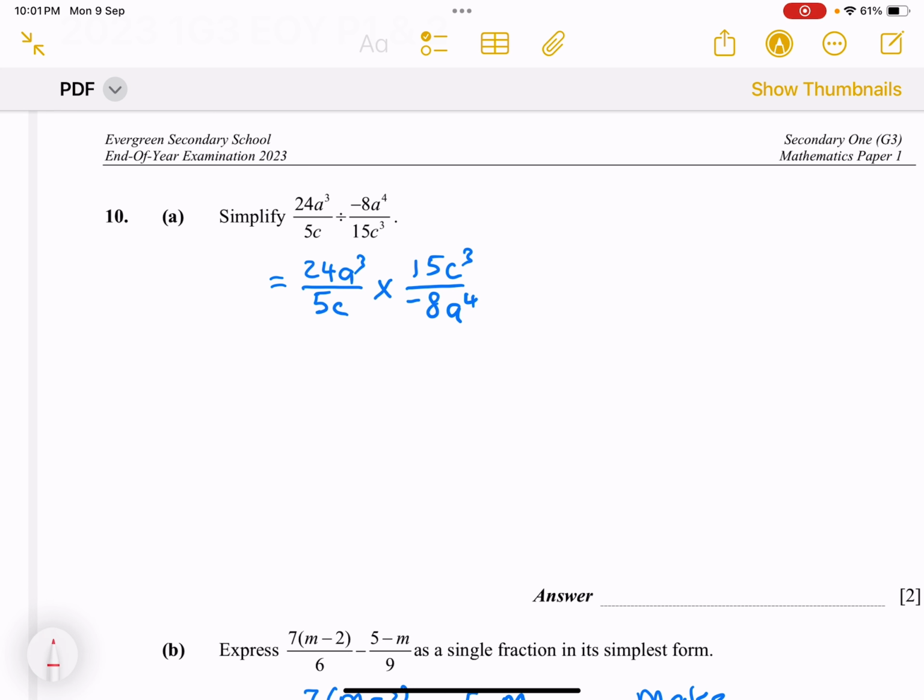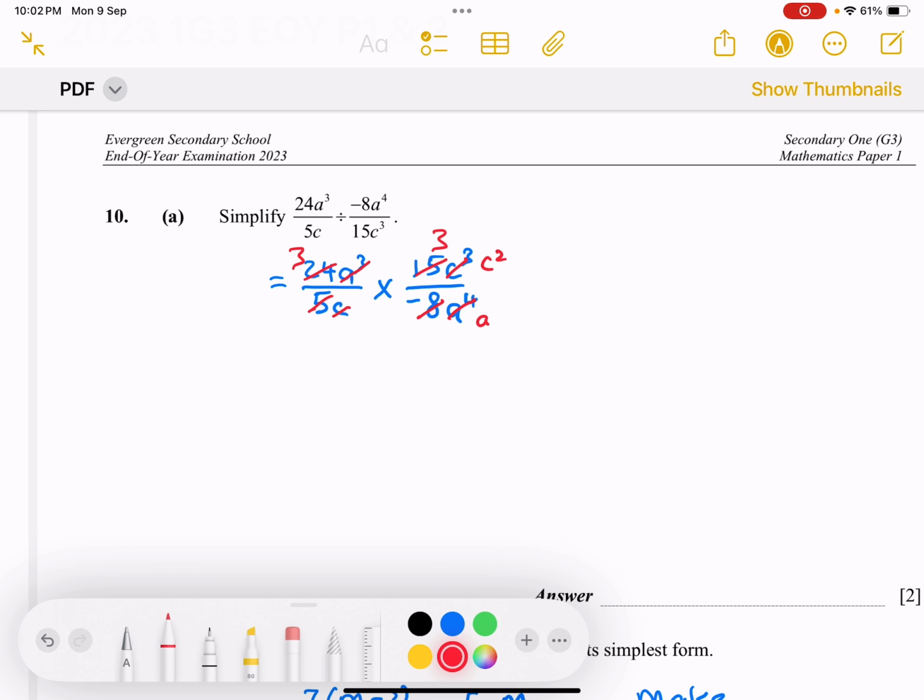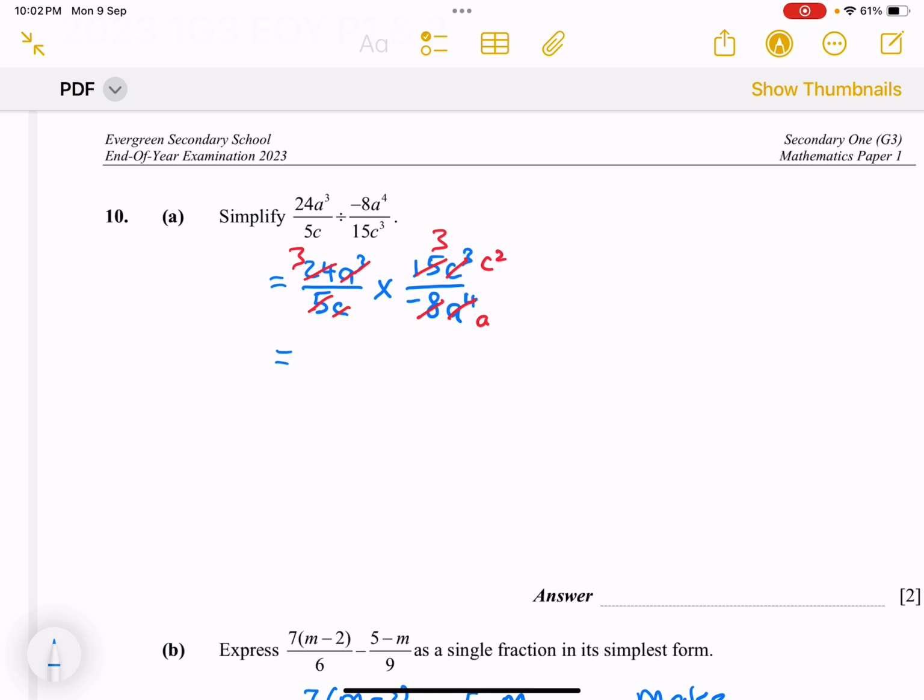Right, so now we look for common factors. A cubed cancels with A to the 4, leaving 1 A. C cancels with C cubed, leaving C squared. 5 cancels with 15, leaving 3. And 8 cancels with 24, also leaving 3. We use pencil to cancel so that if we make any mistake, we can change easily.